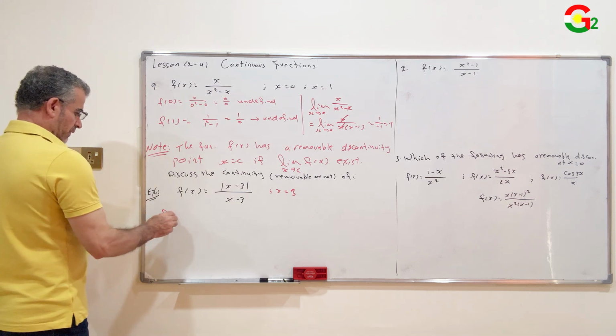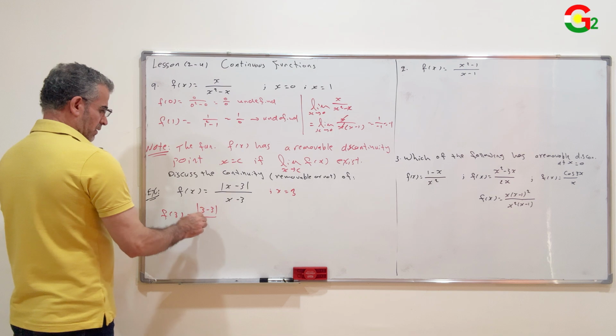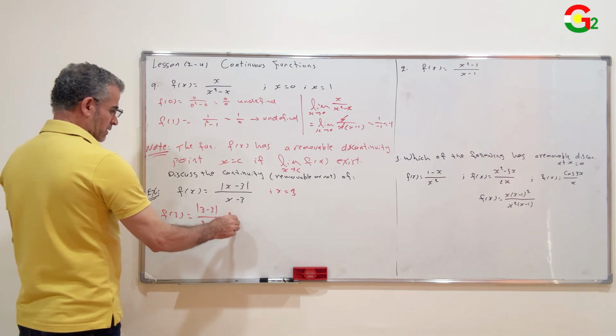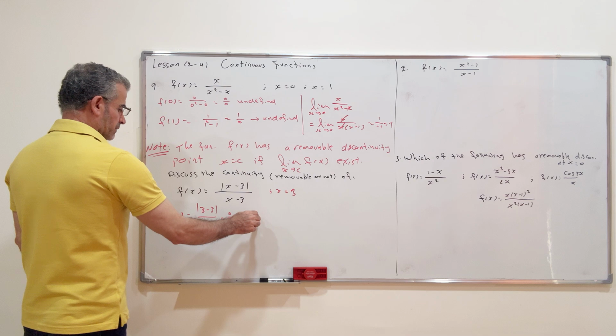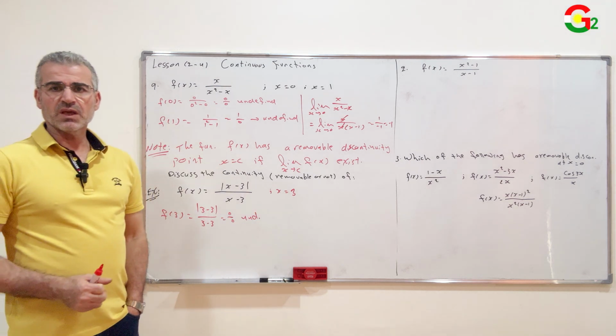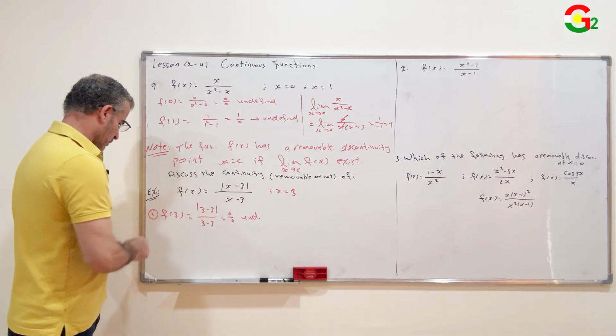F of 3 equals the absolute value of 3 minus 3 over 3 minus 3, which equals 0 over 0, undefined, and the function is discontinuous because the first condition is not satisfied.